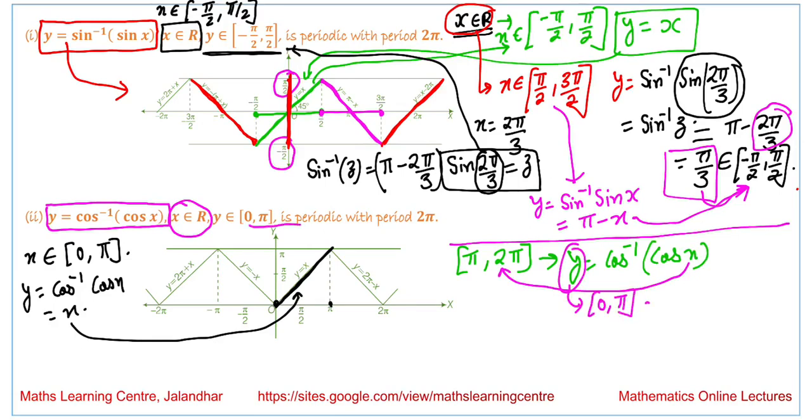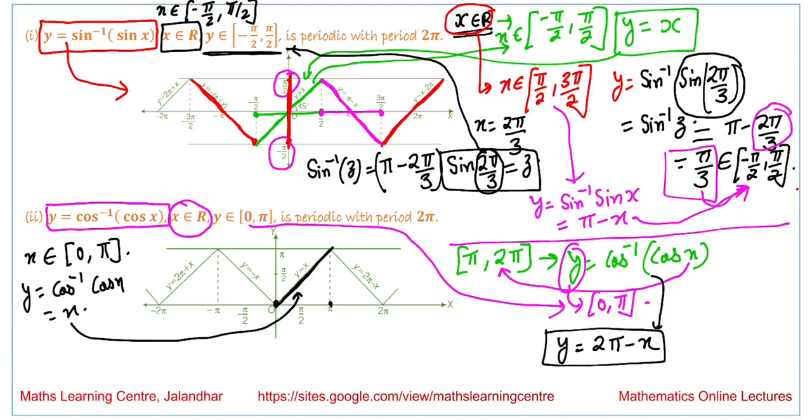This is given to us over here. So we are saying this will have the solution y is equal to 2 pi minus x. You can see this by considering some similar example, that the solution will be y is equal to 2 pi minus x.